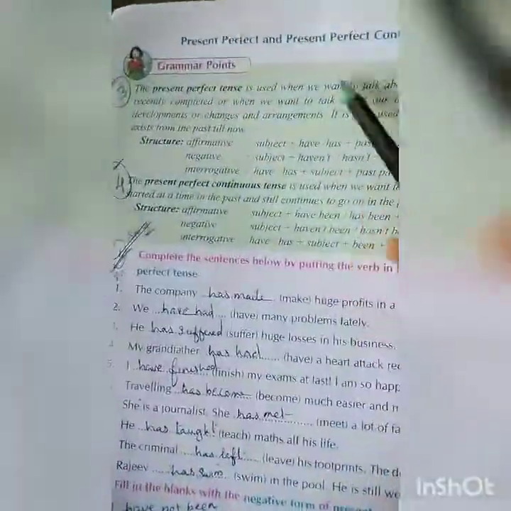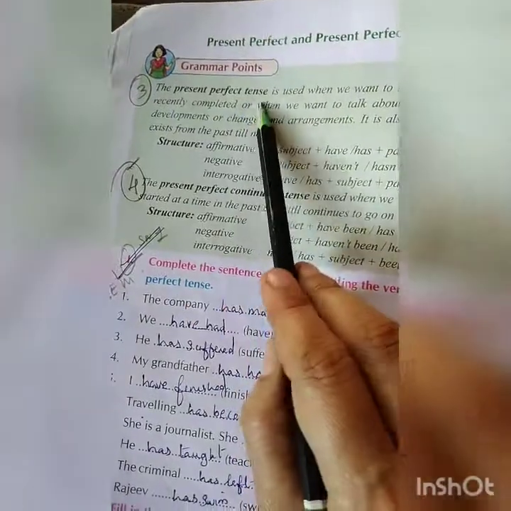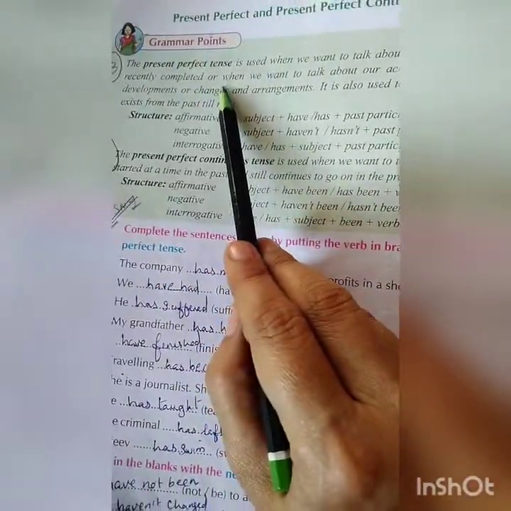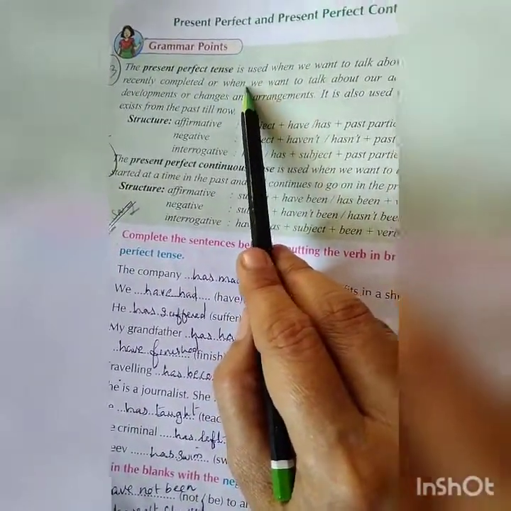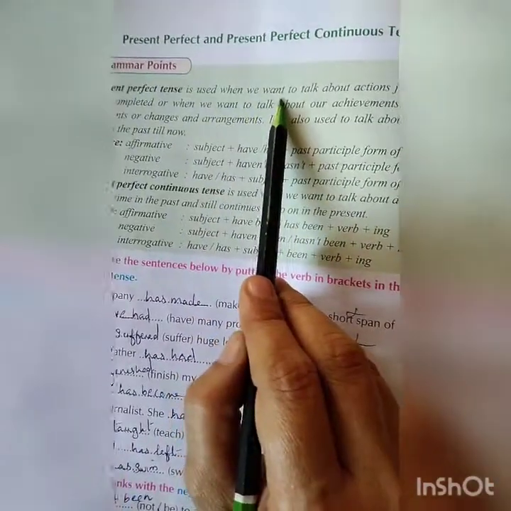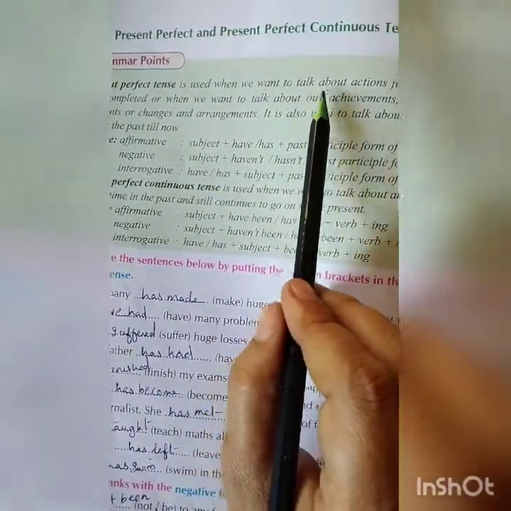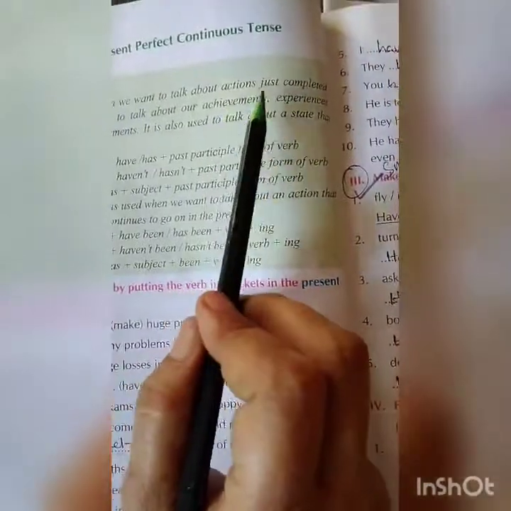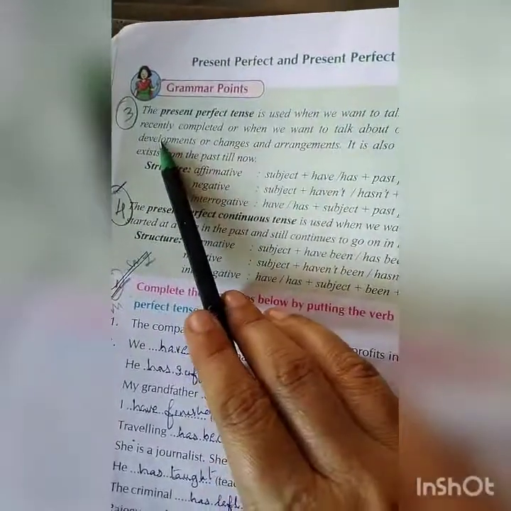Now number 3 is the present perfect tense. What do you mean by the present perfect tense? It is used when we want to talk about actions just completed recently.